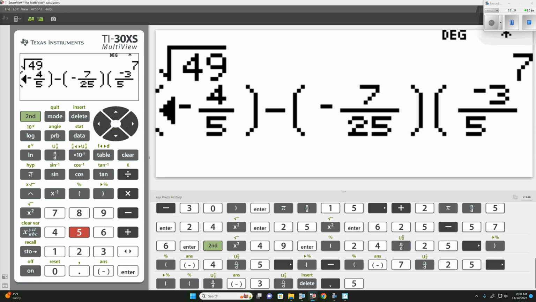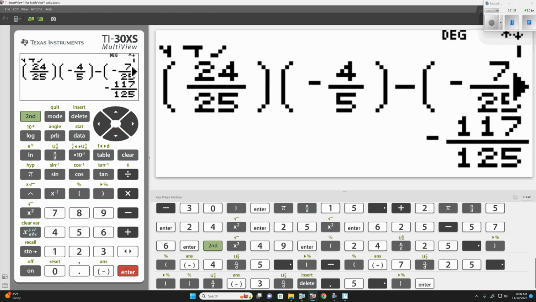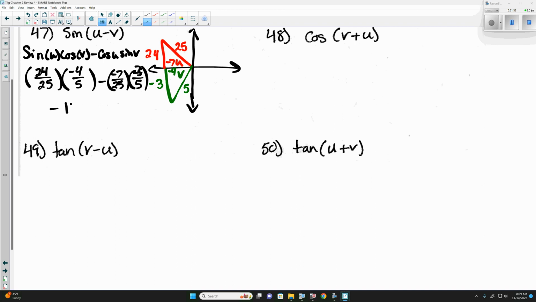There you have it, -117/125. At that point, let the calculator do it. Let it do the rest of the work. Plug all that in.